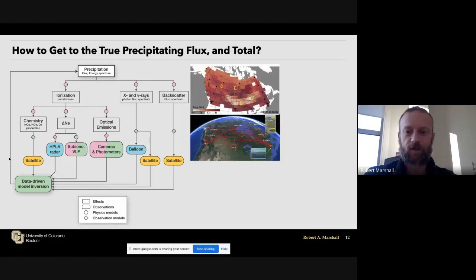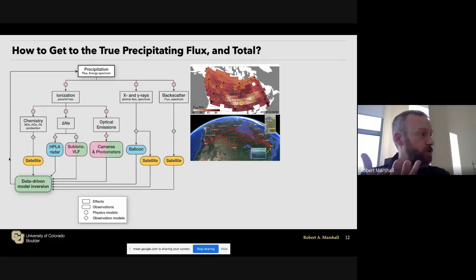So I just want to talk about some of these methods, though. And some of these we're working on in other projects. So one possibility is looking at sub-ionospheric VLF, that pink and green box in the middle of the diagram. We're designing now, and I have proposed, an array of VLF receivers over Canada, which monitor narrowband VLF transmitters in the US.